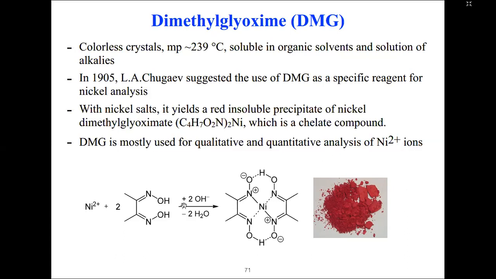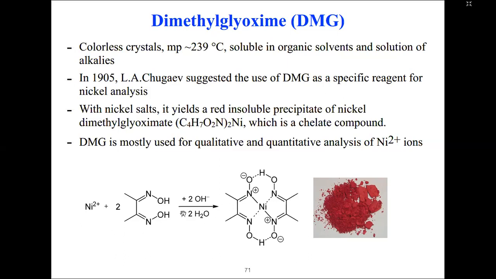Here is the reaction that shows how the nickel 2 plus ion forms a complex with DMG. Here's the nickel 2 plus ion, and this is DMG, and it forms the complex as shown here, which is called nickel dimethylglyoximate. The color of this complex is shown here, which is red, dark red. Let's see what's going on here.